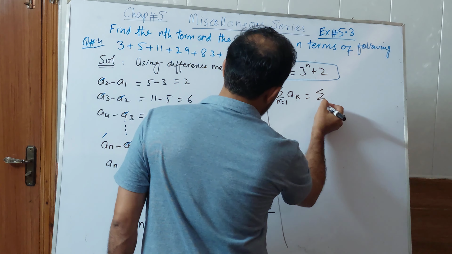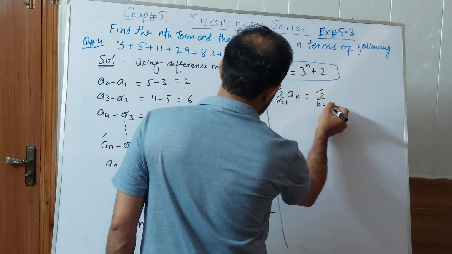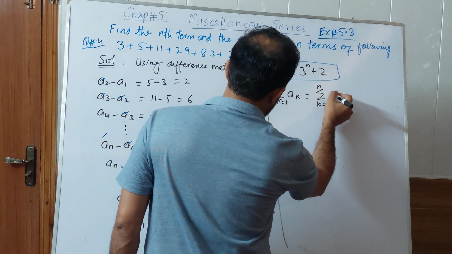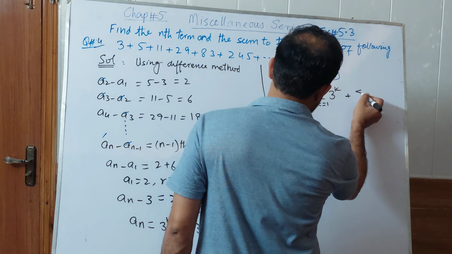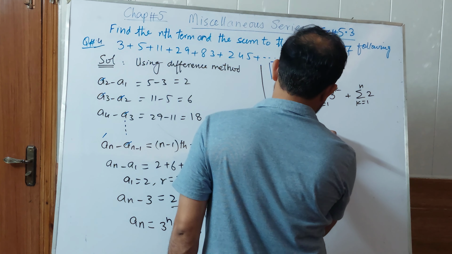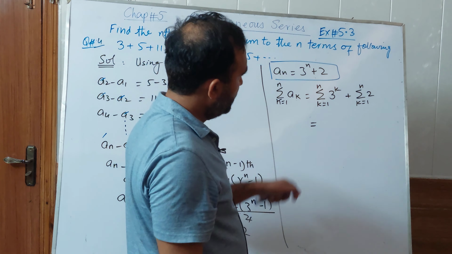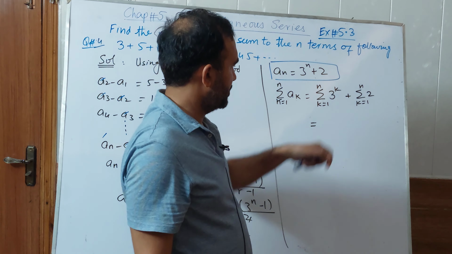So summation, applying summation on 3^n, and k starts from 1 up to n, and we can write this as 3^k, plus 2, and k starts from 1 up to n. So you can see over here that this is a geometric series.